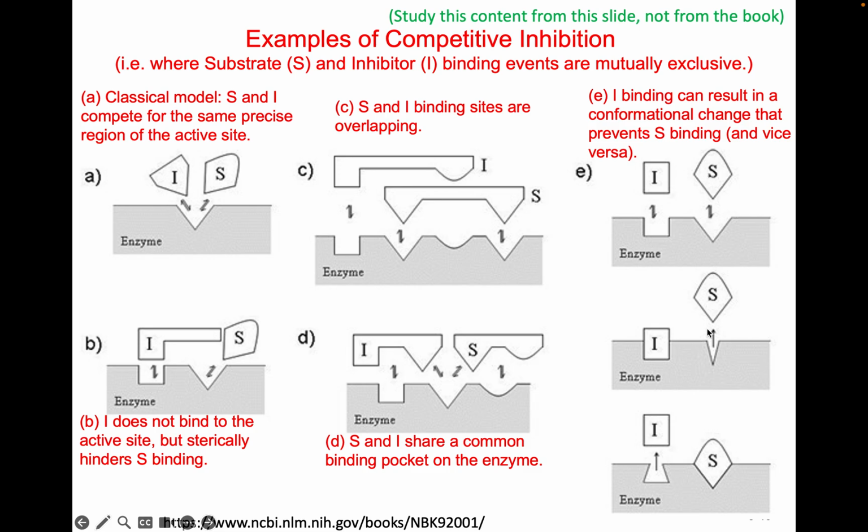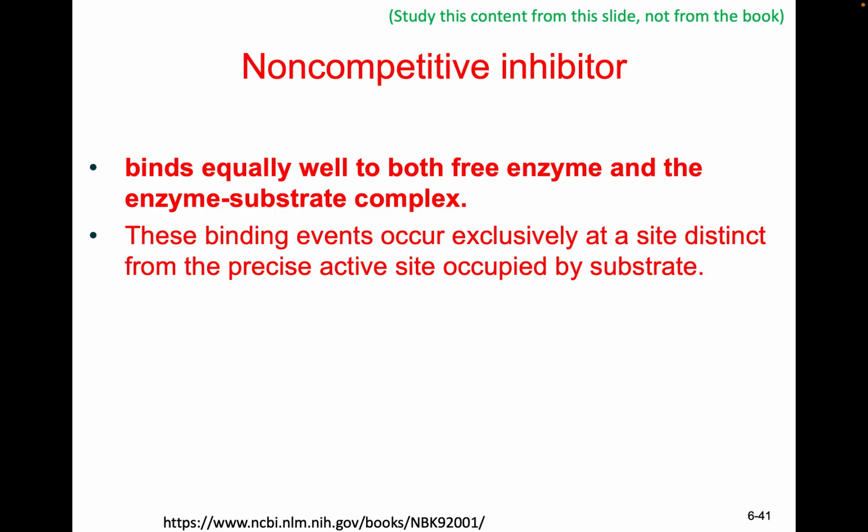So these are all examples of competitive inhibition, and they all have one thing in common, which is very key for competitive inhibition: the inhibitor can only bind to free enzyme, and once it's bound to free enzyme, it does not allow the enzyme to bind to the substrate, and vice versa. If the substrate is bound to the free enzyme, creating this enzyme substrate complex, the inhibitor cannot bind anymore. So always remember that. So now let's go to non-competitive inhibitors.